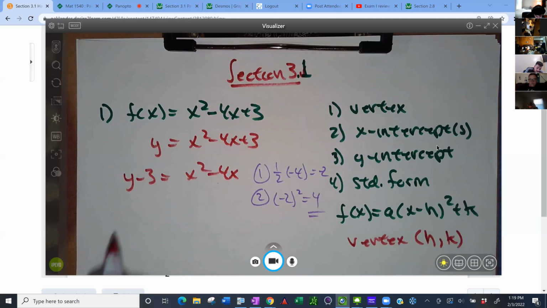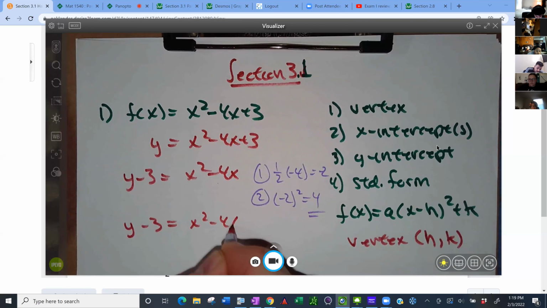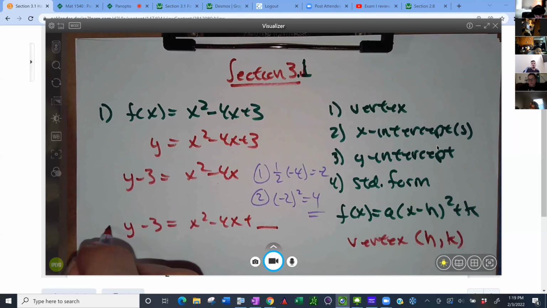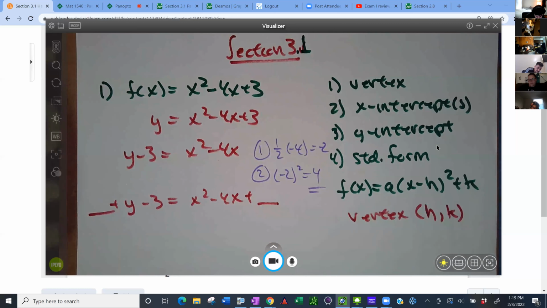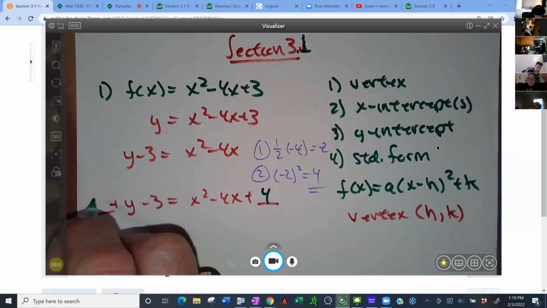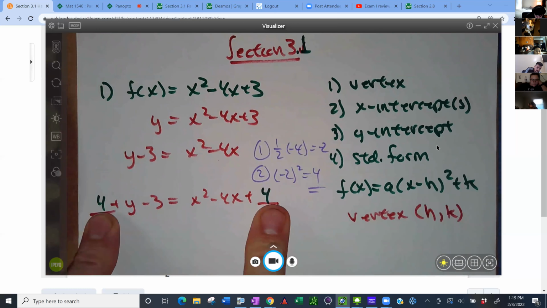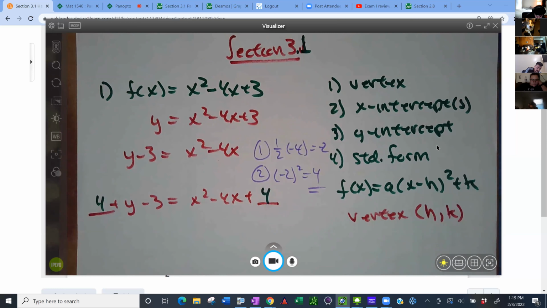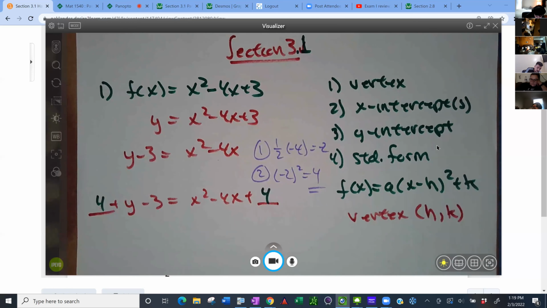So I've got y minus 3 equals x squared minus 4x plus something. And that something is the special number I'm going to use to complete the square. In this case, we calculated it as a 4. If you add 4 to the right-hand side, you have to add 4 to the left-hand side. 4 minus 3 is 1. So the left-hand side has y plus 1.